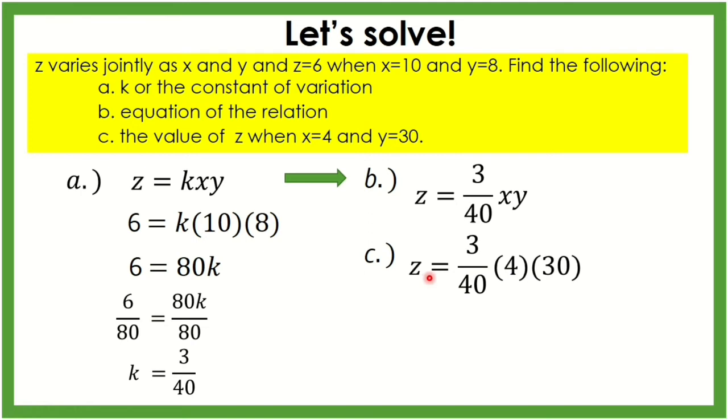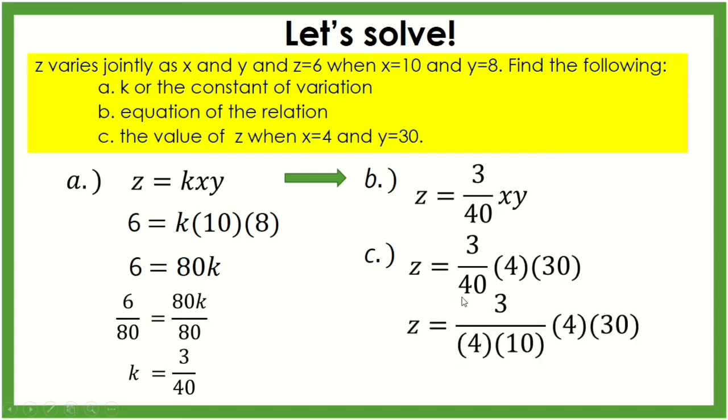We now have z equals 3 over 40 times x times y. Ang value ng x is 4. Ang value ng y is 30. Then, let's simplify. Fa-factor natin yung 40, the factors are 4 and 10. Then, we can cancel 4 and 4 since that is equal to 1.